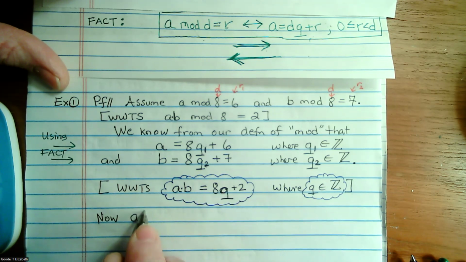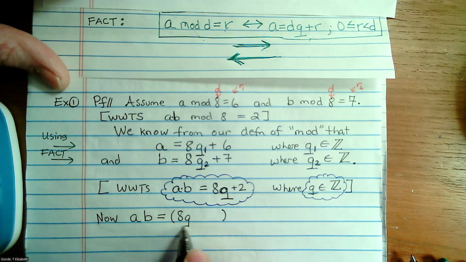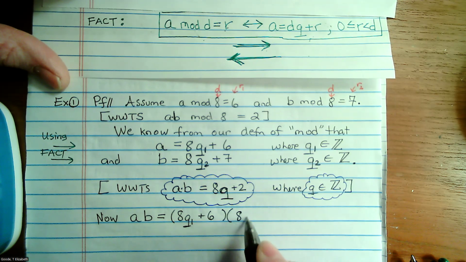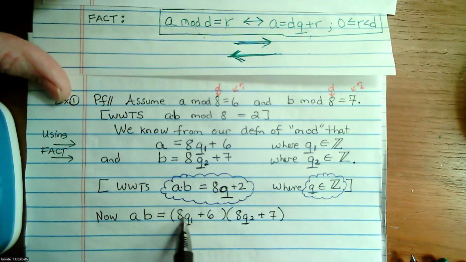All right, so what is AB? It's the two expressions that we found, 8Q1 plus 6 times 8Q2 plus 7. So this is where we're at. This is what we want.